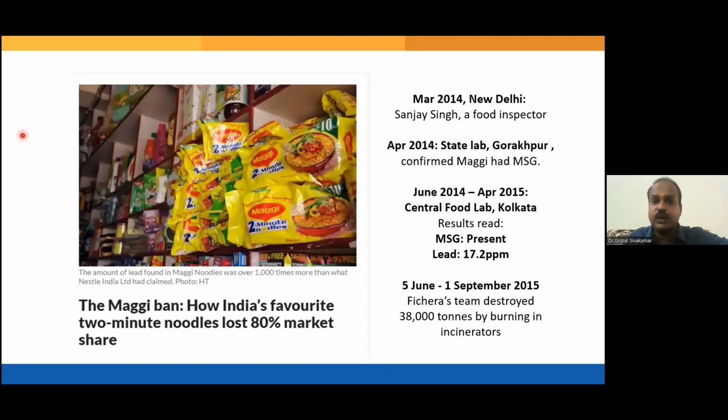The company fellow also agreed on your confidence level. His own product, he also agreed, because of the sample size, the way you took the sample, the way you studied the characteristics, it was quite convincing that he could agree and give permission to burn 38,000 tons of the Maggie packet.